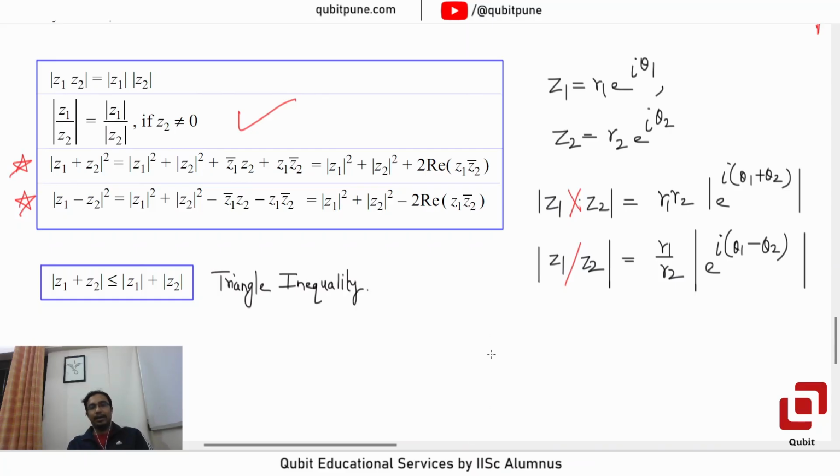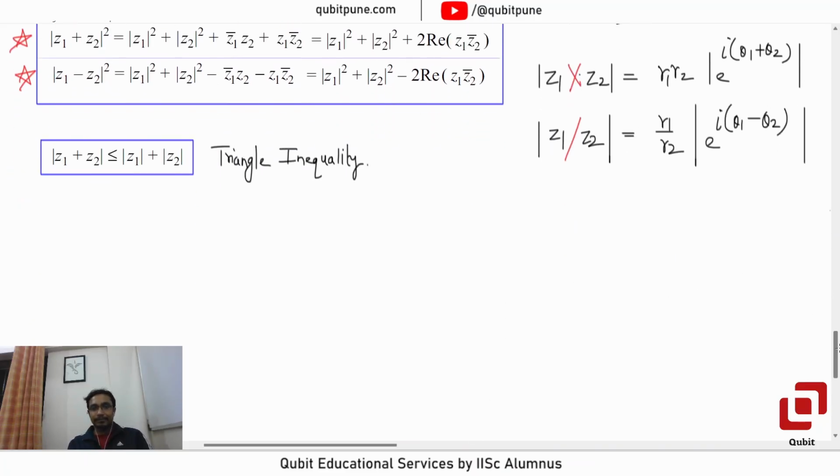Okay, that is called triangle inequality, which says the mod of the addition is always less than or equal to the addition of the mods. Mod of Z1 plus Z2 is always less than or equal to mod Z1 plus mod Z2.